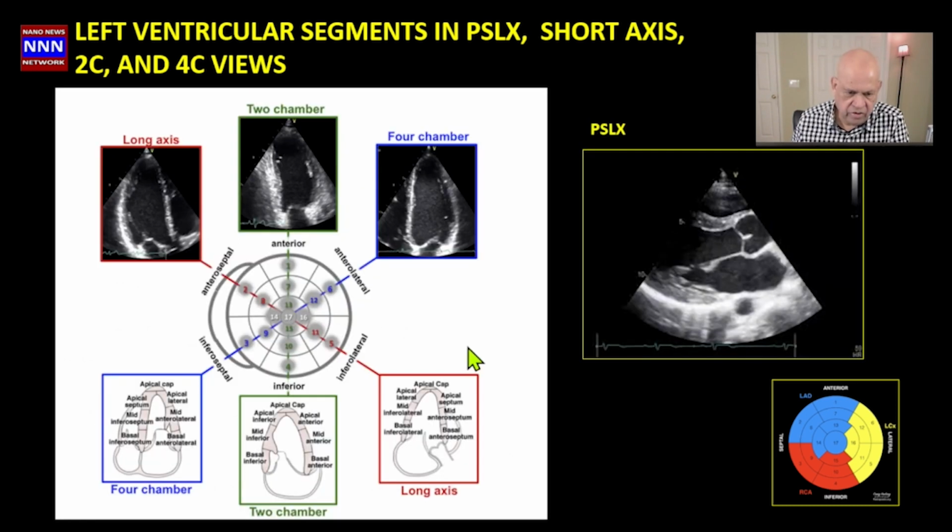So here is the orientation of the planes, which is very important to understand. The parasternal long axis is not coming straight from anterior to posterior. It is coming more medial, involving the anteroseptal region and inferolateral region, whereas the four-chamber view cuts through the inferoseptal and the anterolateral regions.